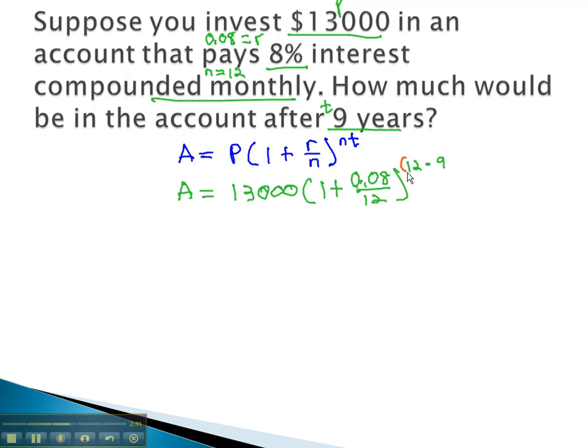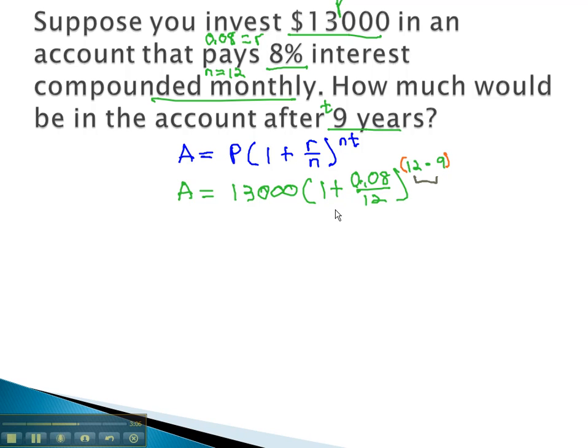You may have to put the 12 times 9 in parentheses as part of the exponent. Some calculators may require you to do only one step at a time. Be careful that you know how to use your calculator to evaluate this amount. As you do, it is important we use as many decimals as possible to ensure accuracy.